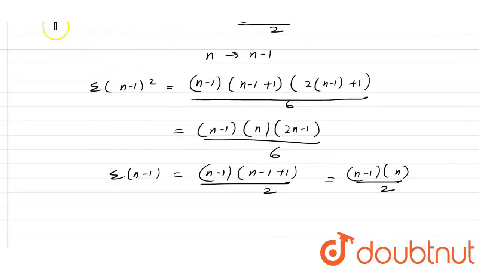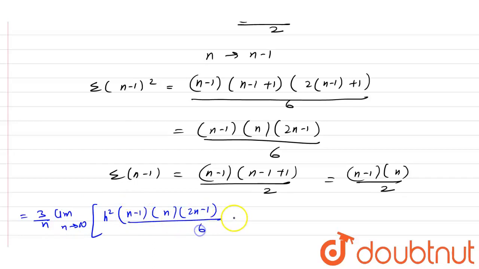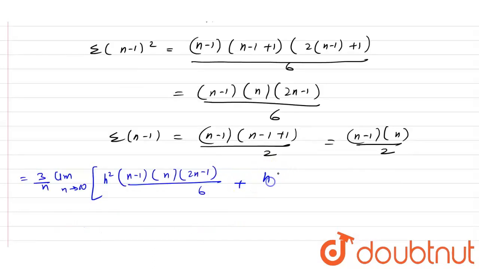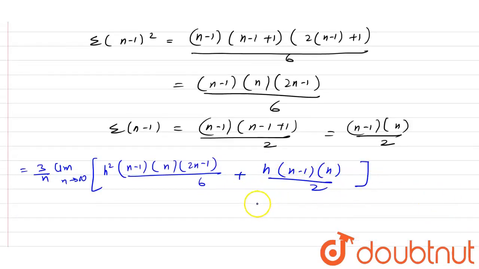So we can write this as 3 by n limit n tends to infinity, bracket of h square into n minus 1 into n into 2n minus 1 divided by 6, plus h into n minus 1 into n divided by 2. Now we know that our h is equal to 3 by n.